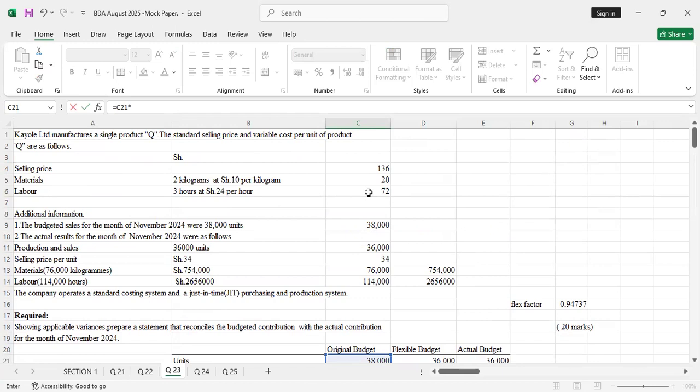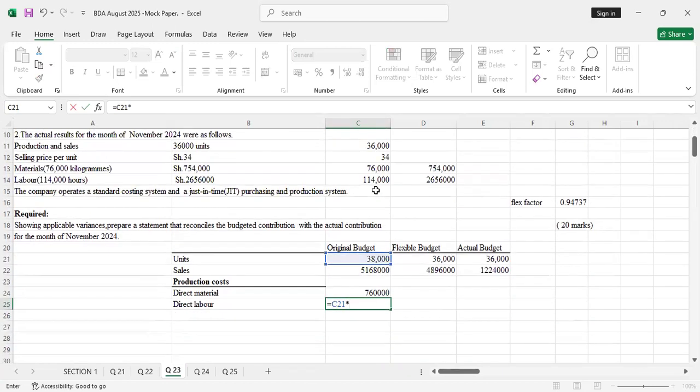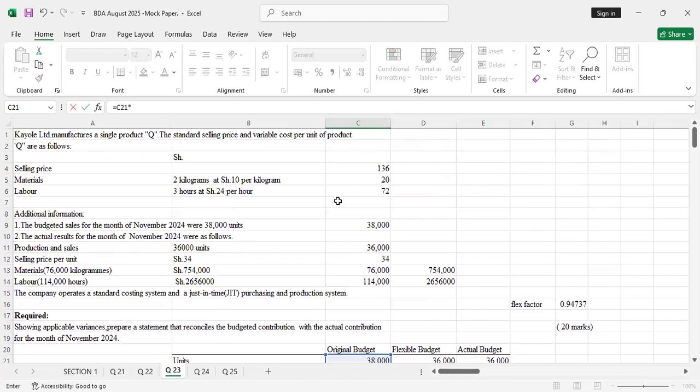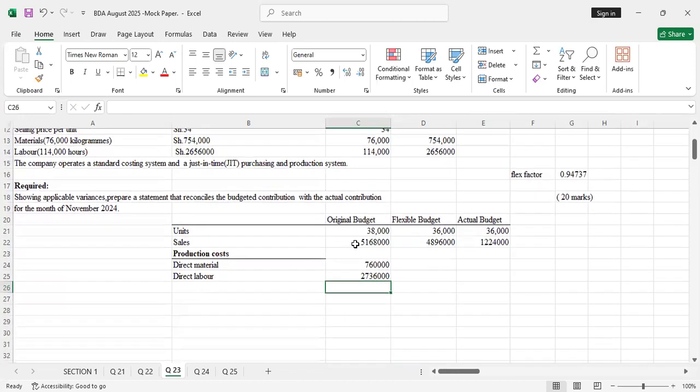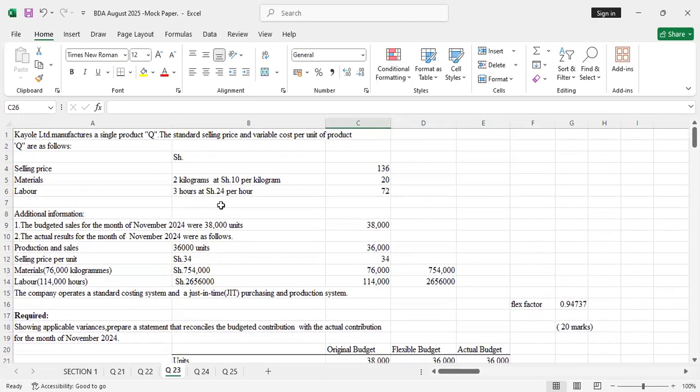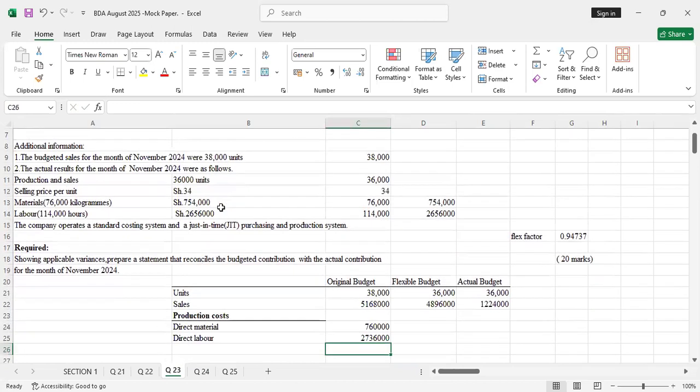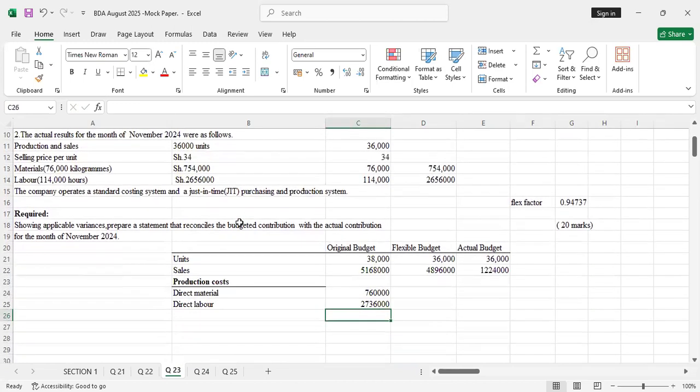The total was 72. So you multiply by 72 and enter. There is no other item. There was no fixed cost and no overheads. So you leave it at that point, because you work with what you are given.